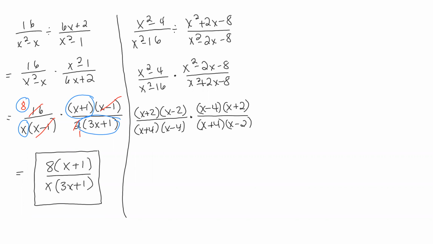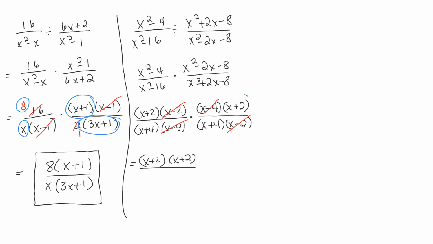Okay? Now, let's see if anything will cancel. In the numerator, I have an x minus 2 that cancels an x minus 2 in the denominator. I also have an x minus 4 in the numerator that cancels an x minus 4 in the denominator. So here's what I'm left with. I'm left with x plus 2 times x plus 2 in the numerator.